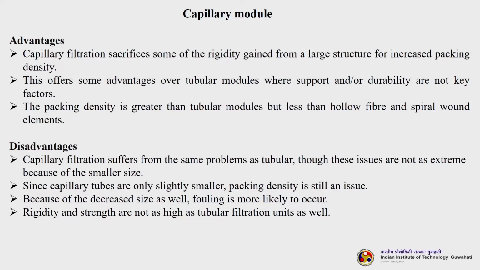So, the advantage is that capillary filtration sacrifices some of the rigidity gained from a large structure for increased packing density. Okay. So, you do not have to go for a very large structure or system to achieve more packing density. Since they are self supporting, in a smaller space we can have more capillaries fused together to have a better packing density.